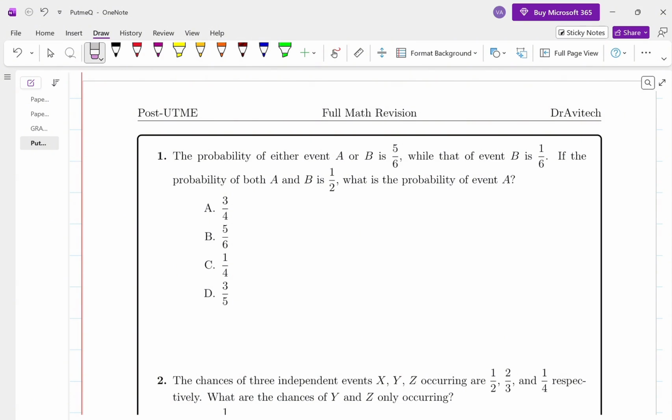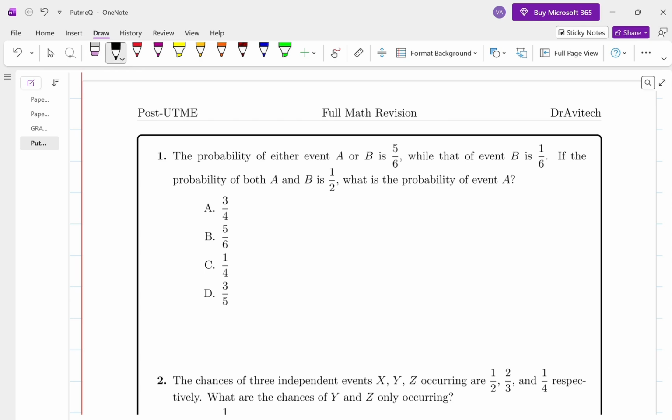The first one says, the probability of either event A or B is 5/6, while that of event B is 1/6. If the probability of both A and B is 1/2, what is the probability of event A? First things first, there's a formula you have to know for probability of events.